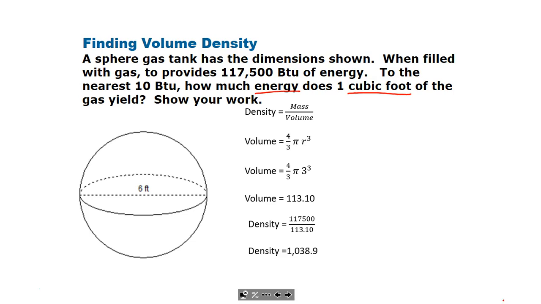When we do that, we get 1038.9, but it tells us up here to get the answer to the nearest 10 BTU, so we're going to round that to 1040. And again, the fact that this has got 2 measures here, BTUs per feet cubed, that's what kind of gives me a hint that this is density.